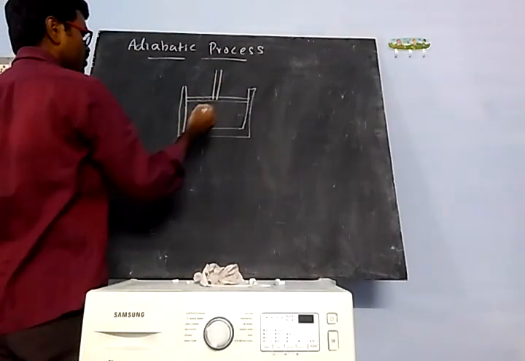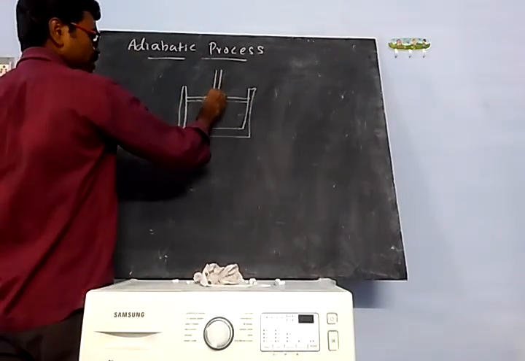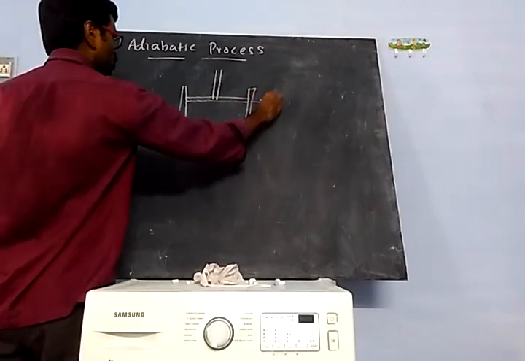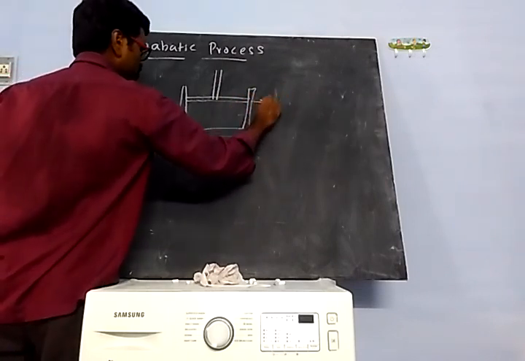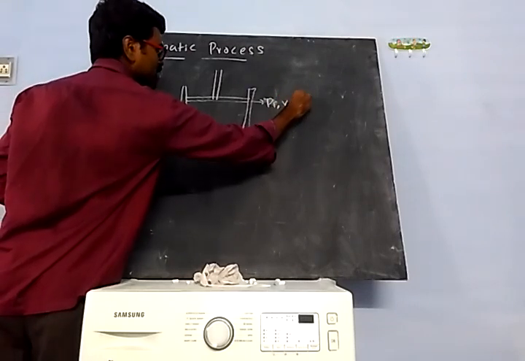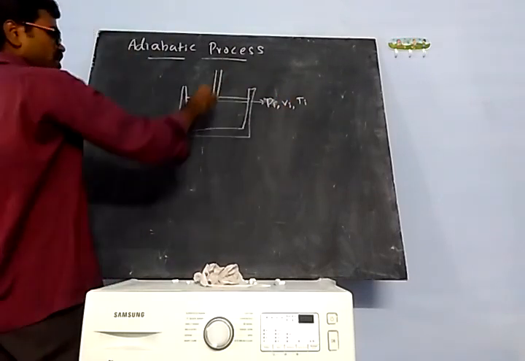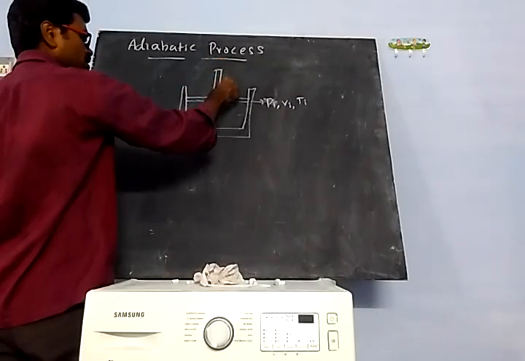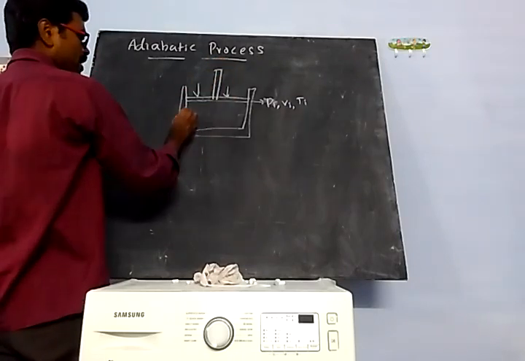So when you compress the piston, this is the initial volume VI, initial pressure PI, and initial temperature T. When you compress the piston, what happens?